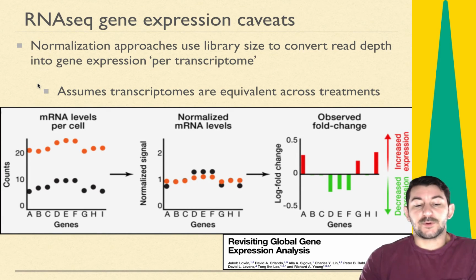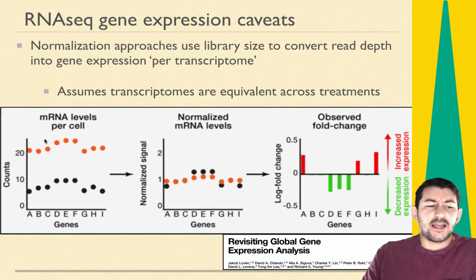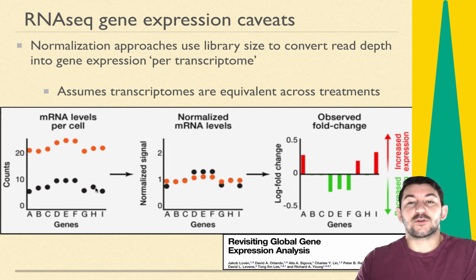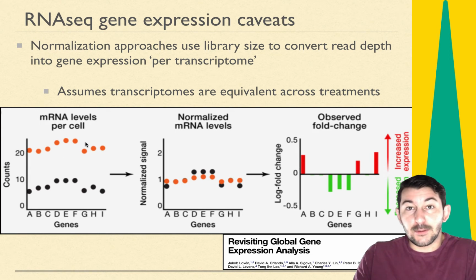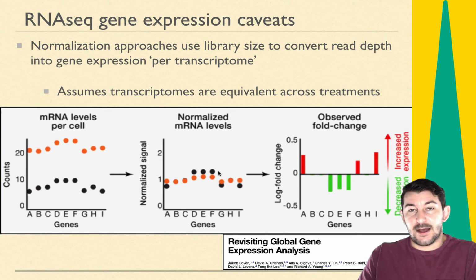Another way to look at this was really highlighted by Lovin et al., where if you were to, again, have a bunch of genes looked at here, there's 10 for this orange species and this black species, and then you do this kind of transcripts per million normalization type thing like we normally do, where you divide by the library size, you would take all these absolute differences in expression level for all these genes, and you effectively collapse them down.